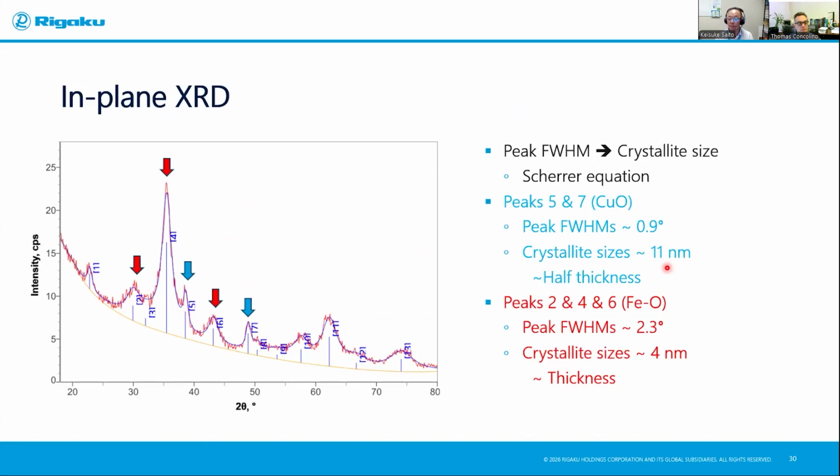So that means the copper oxide, which is 20 nanometer thick, consists of 2 crystallites, while iron oxide consists of only 1 crystallite through the thickness. And also the sizes are the same in the in-plane direction and out-of-plane direction, which suggests the crystallite size is uniform from the in-plane direction to the out-of-plane direction.